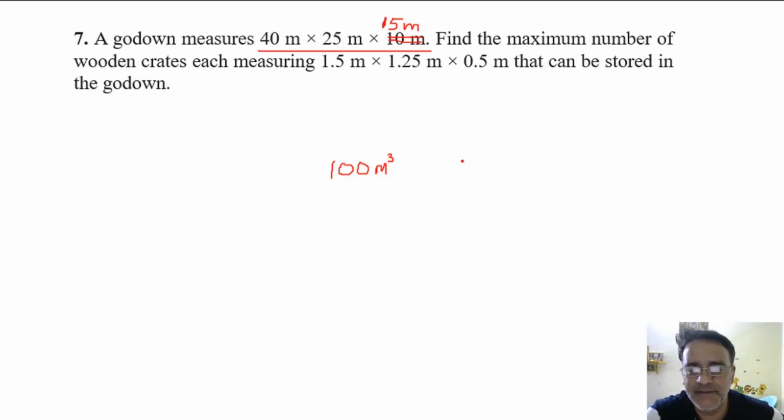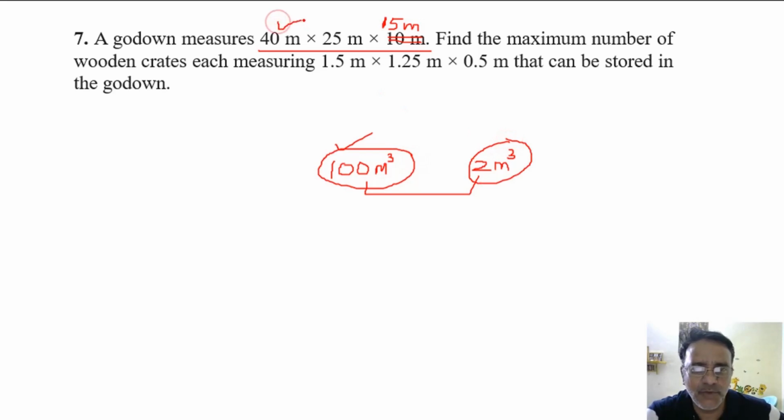Suppose the volume of that book or any other small box is 2 meter cube. So how many boxes can you keep in this box? 50. Right, this divided by this. Similarly here also, volume of godown divided by volume of one wooden crate. The same concept we have to use.